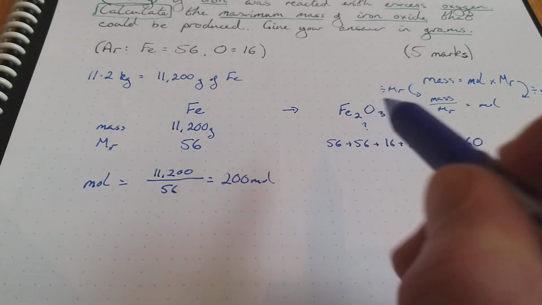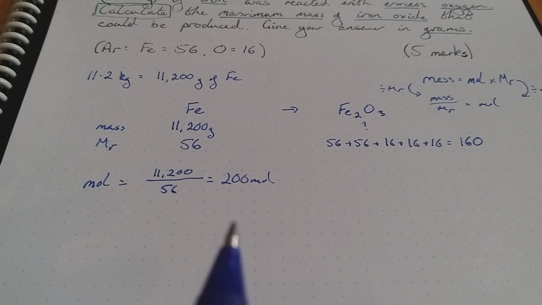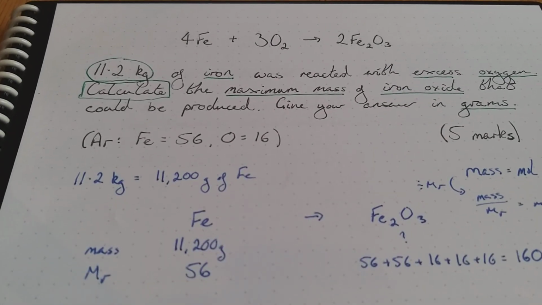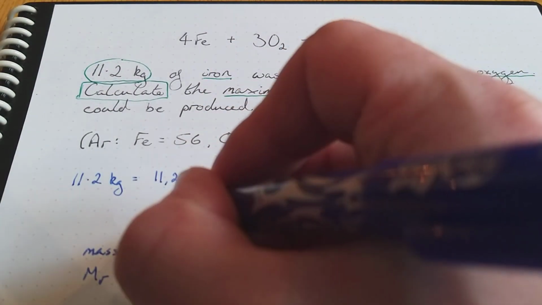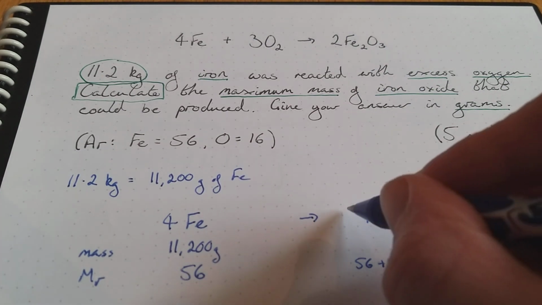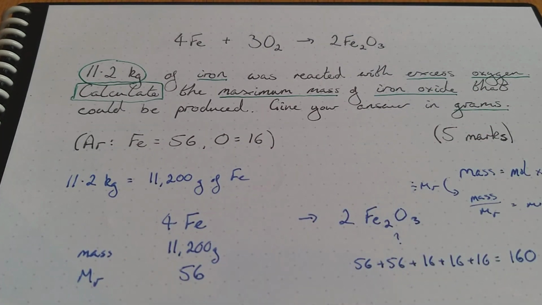Okay. Now, because we know the number of moles of iron, we can now work out the number of moles of iron oxide. However, to do that, we need to go back to our balanced symbol equation, because you can see here we actually need 4 lots of iron, and that makes 2 lots of iron oxide.